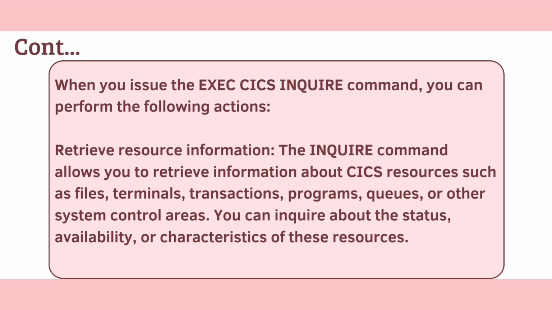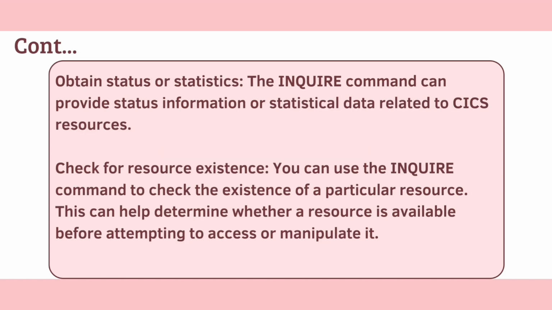The inquire command allows you to retrieve information about CICS resources such as files, terminals, transactions, programs, queues, or other system control areas. You can inquire about the status, availability, or characteristics of these resources.